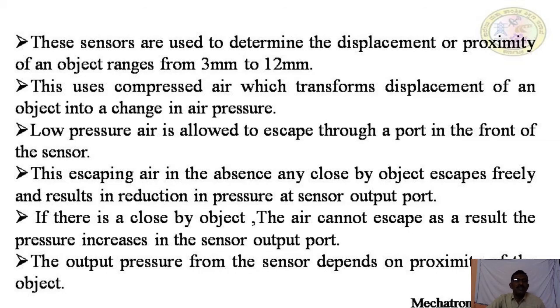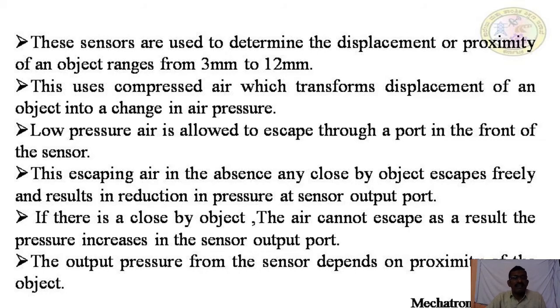This sensor uses compressed air, which transforms a displacement of an object into a change in air pressure. A low pressure air is allowed to escape through a port in the front of the sensor. In the absence of any close by object, this escaping air escapes freely and results in a reduction in pressure at the sensor output port.